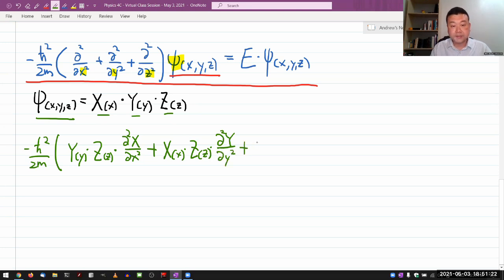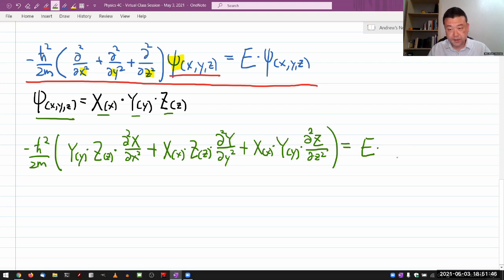Same deal with the last term: the two functions can just move right through the derivative operator, and I have the double derivative with respect to lowercase z. So that's what I get when I apply this here. And that's equal to some scalar times the whole wave function, X times Y times Z.